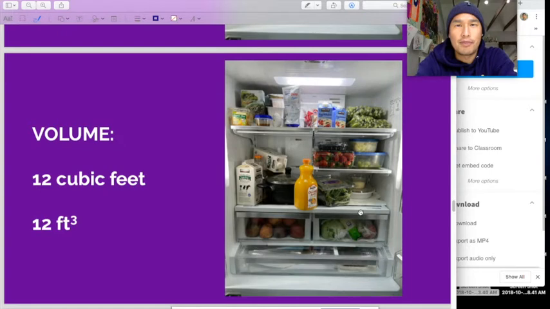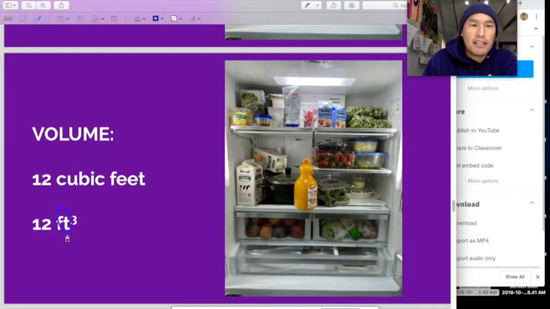measurements. So in this case, for the refrigerator, the whole space inside that fridge is about 12 cubic feet in volume. So you can see on the slide, 12 cubic feet. It's also abbreviated FT with a superscript 3. That means 12 cubic feet.